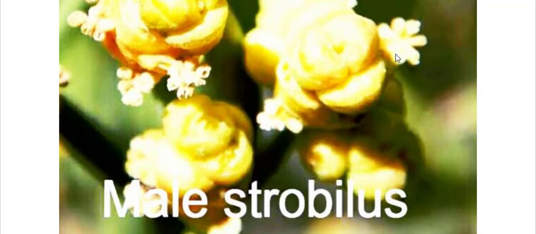And the structure of this male strobilus resembles the flower of the angiosperm, in which the microsporophyll resembles the stamen in the angiospermic plant, in which the filament is present and on the upper side of which the anthers are produced.